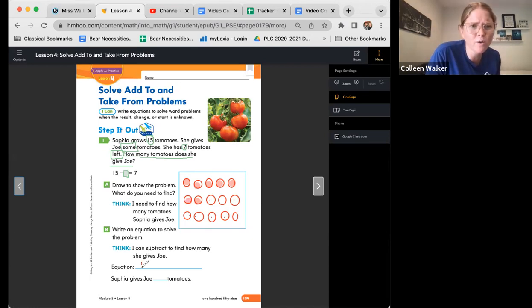So if we started with 15 tomatoes and we subtracted 7 to try to figure out how many she gave away, how many did we say she had left? Or I'm sorry, not left. How many did we say she gave Joe? How many did we count right here?